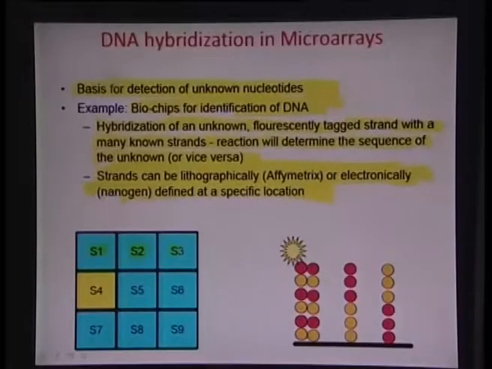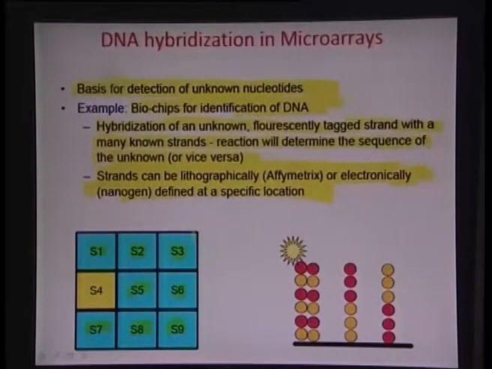So let us look at what these microarrays are. Essentially it is all about building a library of different sequences of DNA onto a single chip. In the left figure, these numbers S1, S2, S3, S4, S5 all the way up to S9 are different locations on the same chip.